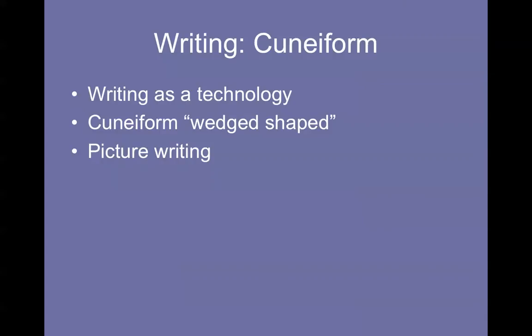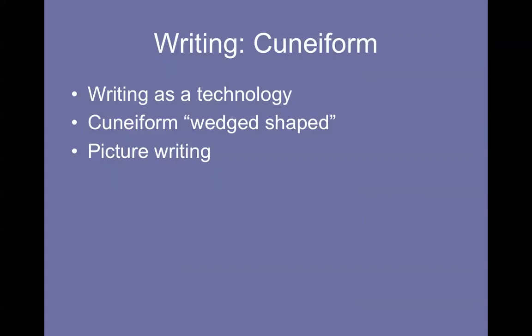You've been looking at a video on the history of the alphabet, and in your McClellan and Doran, they'll talk a lot about the role of writing as a technology. Cuneiform, the first writing from Mesopotamia, simply means wedge shaped. We think that the writing was done by taking a reed stylus, like taking a reed from the river, sharpening it like a nice pen, and using that to make impressions in clay tablets.